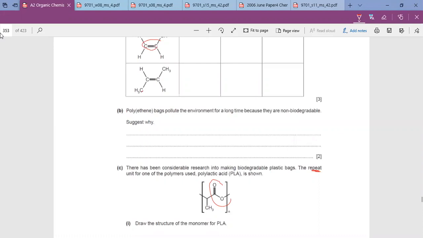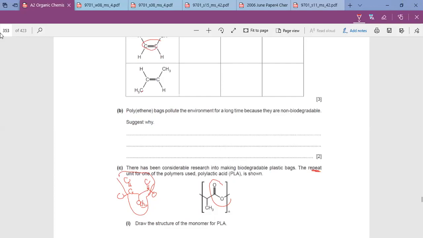That means this part here, see now, this part here, go here to CH3. Here cannot be a carbon with a double bond O. Cannot. Okay? Because if you break here, this becomes a diacid. A diacid cannot polymerize itself.